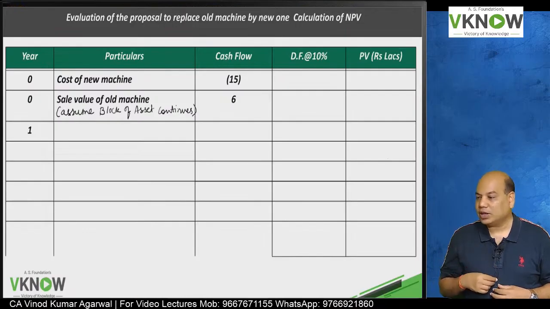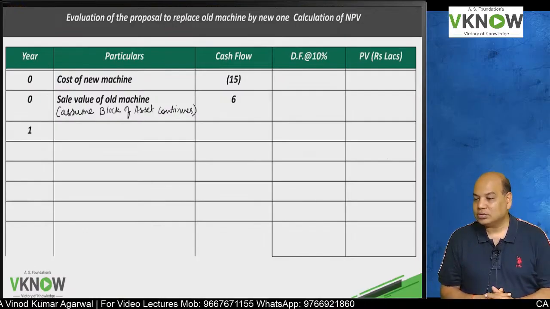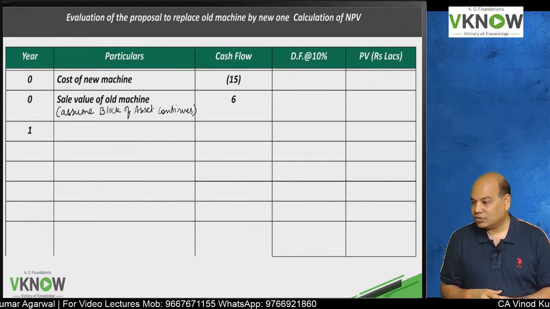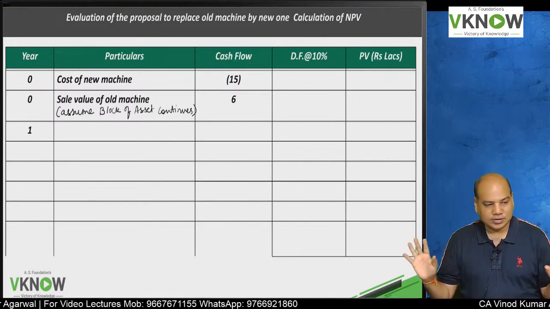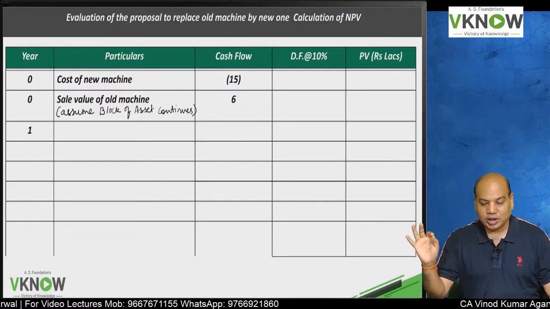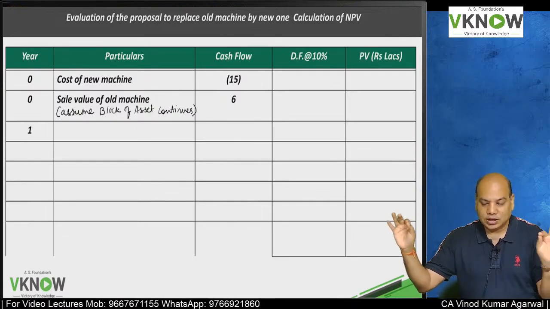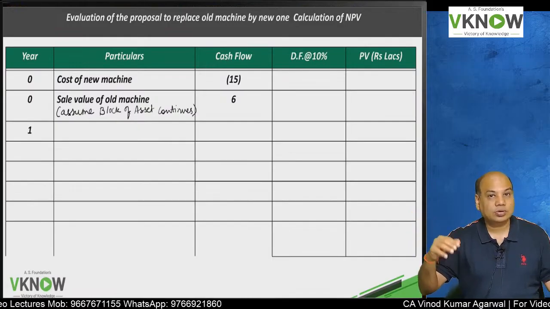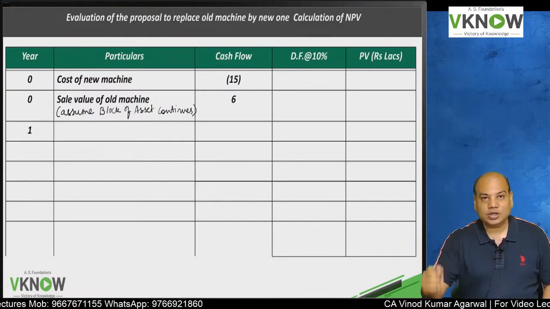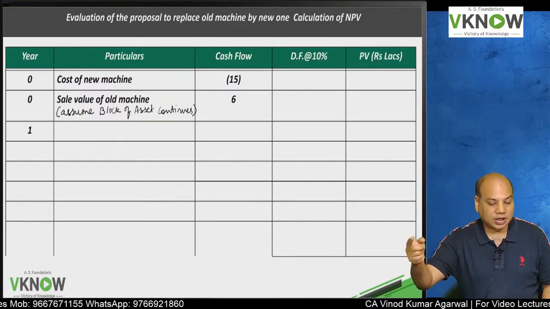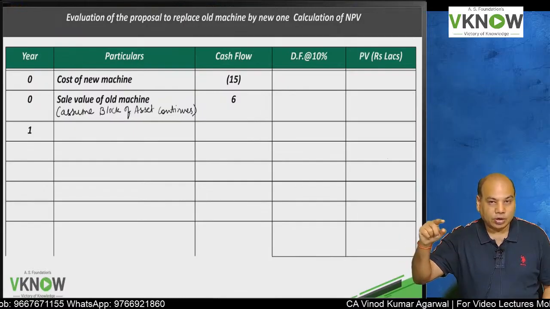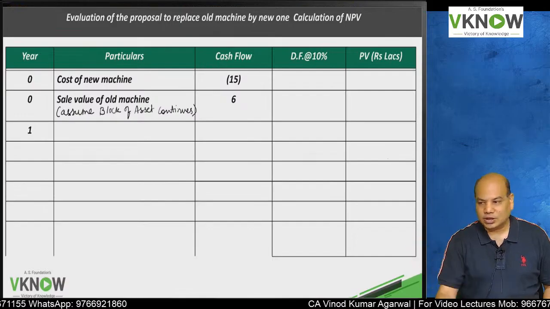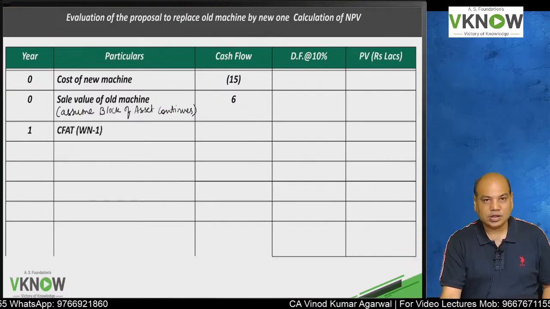Will you have to pay capital gain tax, or not? No capital gain tax. Very good. So write in bracket, assuming block of asset continues, no capital gain tax. It is one of the machines, written in the starting line. So we will assume block of asset continues, 6 lakh.